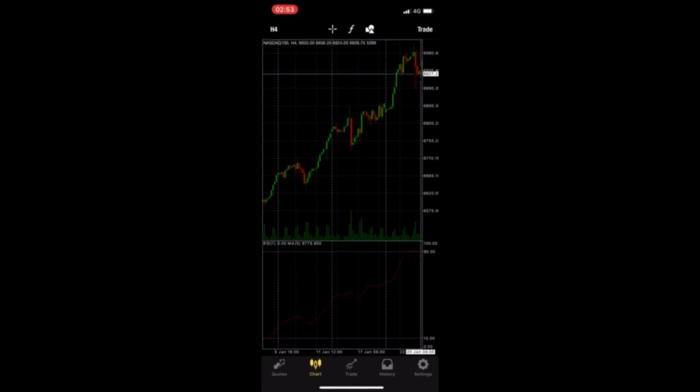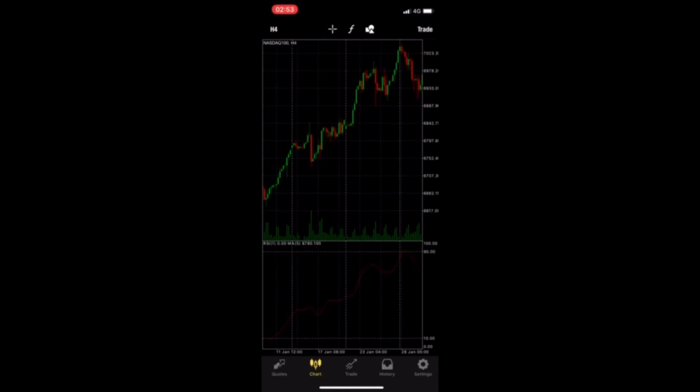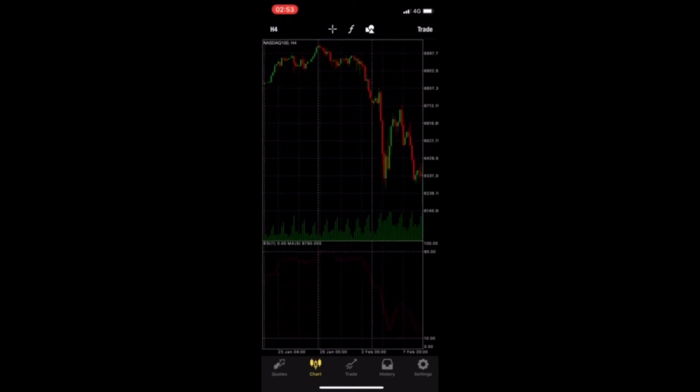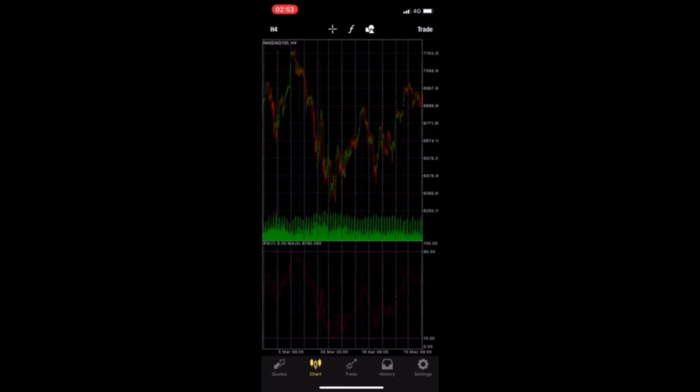You can check even this one, they made a nice M and then they rejected, then you can sell. But selling, you have to sell for at least 4 hours to be safe. And then we had COVID, then the market went down.